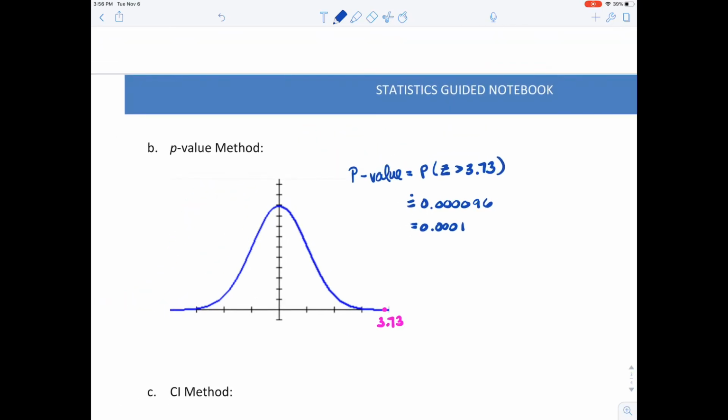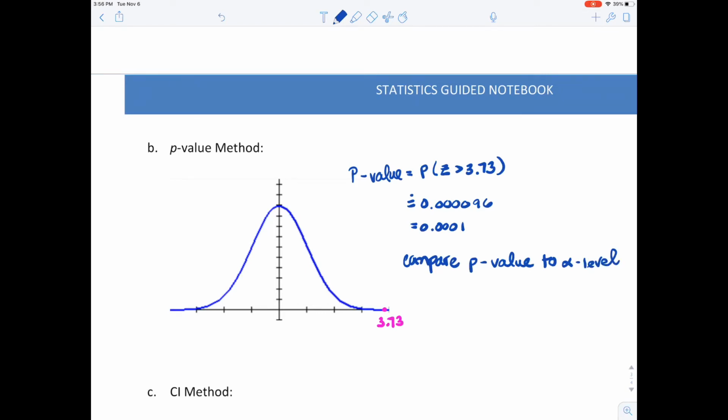Okay? Well, how do you know if you reject it or not? Well, reject it meaning reject the null. Remember, here's where your alpha level comes in. So you compare the p-value to the alpha level.